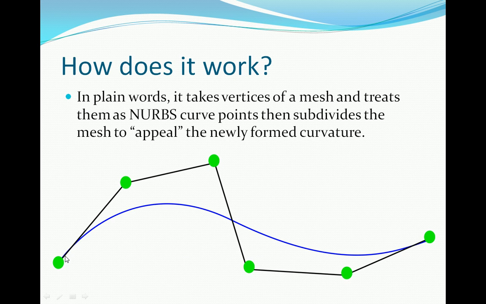When applied, the Turbosmooth algorithm takes these points into consideration and smooths them out. It interpolates between them to make a nice even curve instead of a bunch of square points.